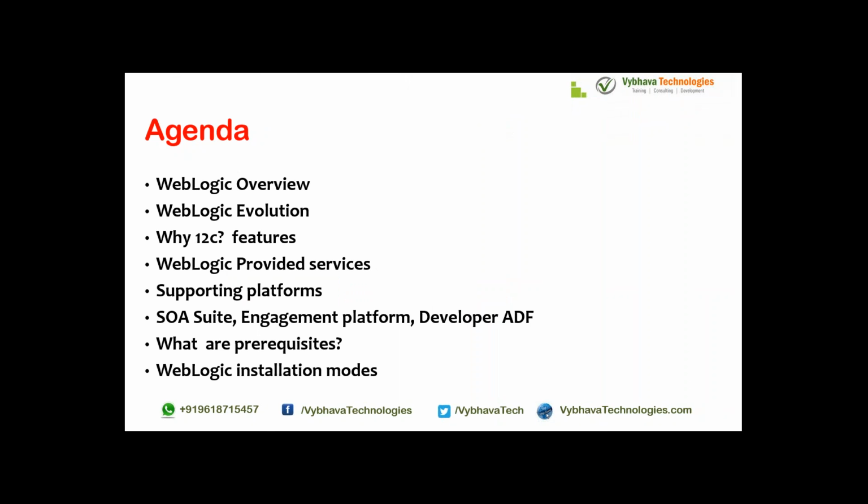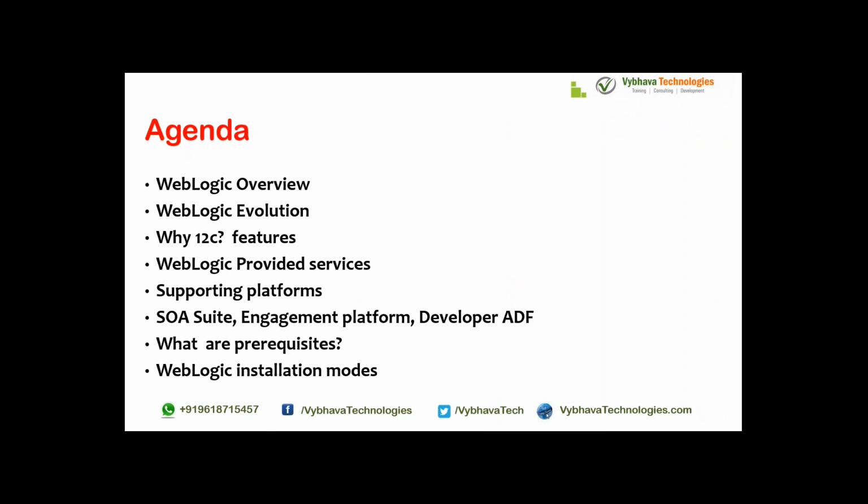Okay, so this is our agenda: WebLogic overview, and a little bit about evolution, that is, versions. The current versions in the market are 11g and 12c, why 12c is the focus, and what the new features are.